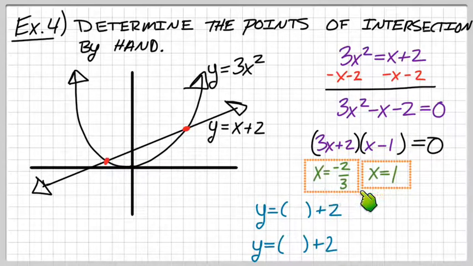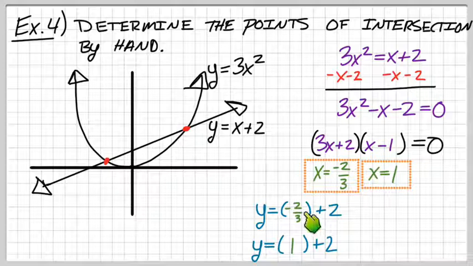So I'm going to take these values and plug them back into the easiest equation I can find, y equals x plus 2. I just left the x blank because I'm going to have to do this twice, since there are 2 points here. I'll plug in negative 2/3 for one of them and 1 for the other.